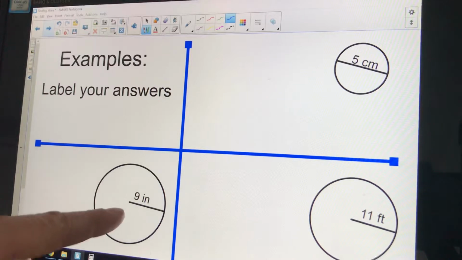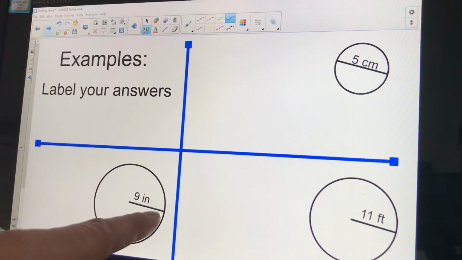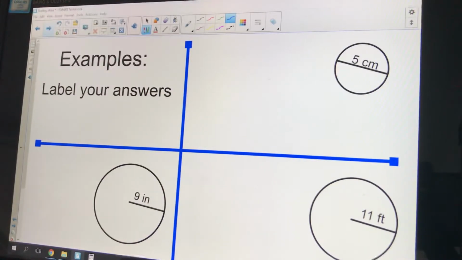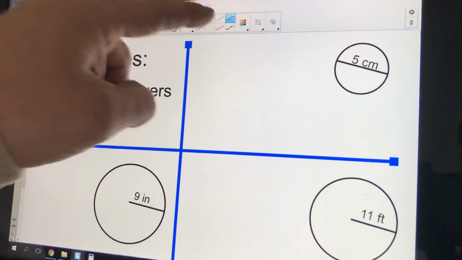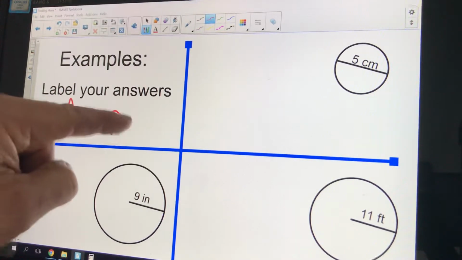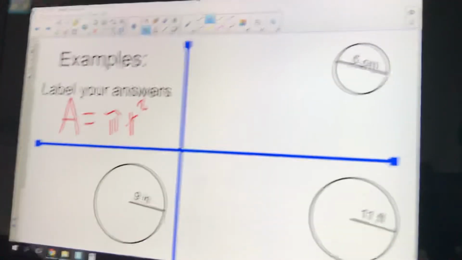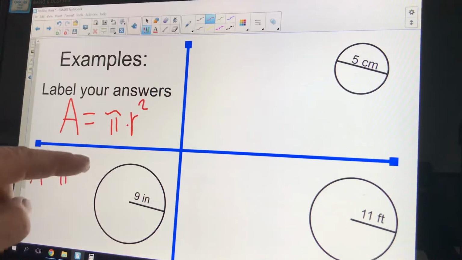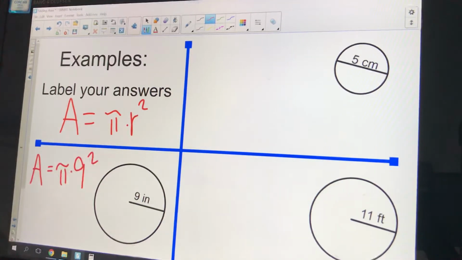So down here in this corner, the radius, because this line is only halfway through, is 9 inches. Now, for my formula, A equals pi times the radius squared. That means the area is equal to pi times 9 squared. Now, you've got to think carefully.